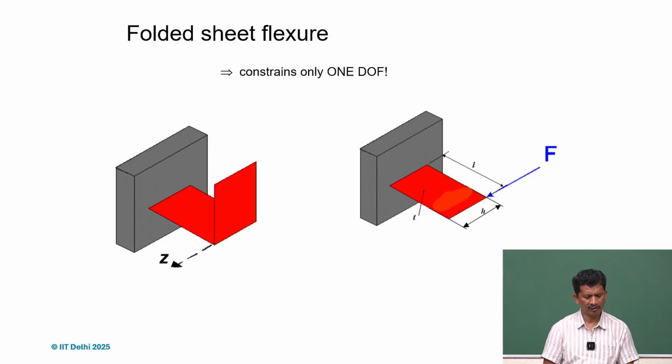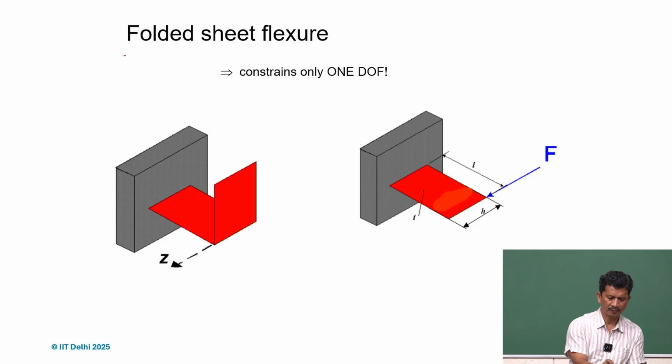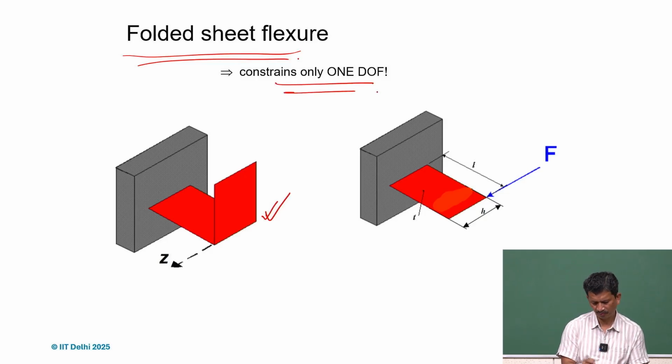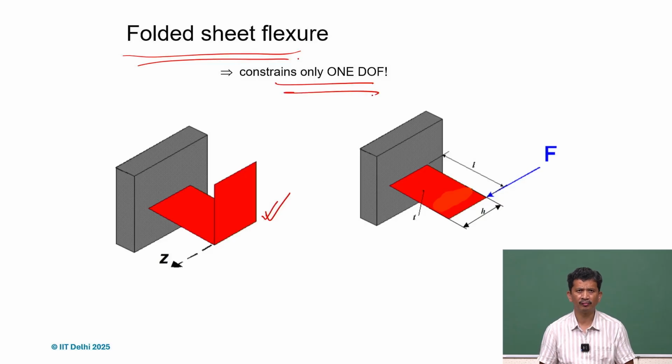Similarly, we have another kind of flexure which is very popular. What we generally call folded sheet flexures. So we take one sheet and then there is a sharp bend. So this is very important. The bend has to be sharp, then only we'll get this property. It constrains only one degree of freedom.